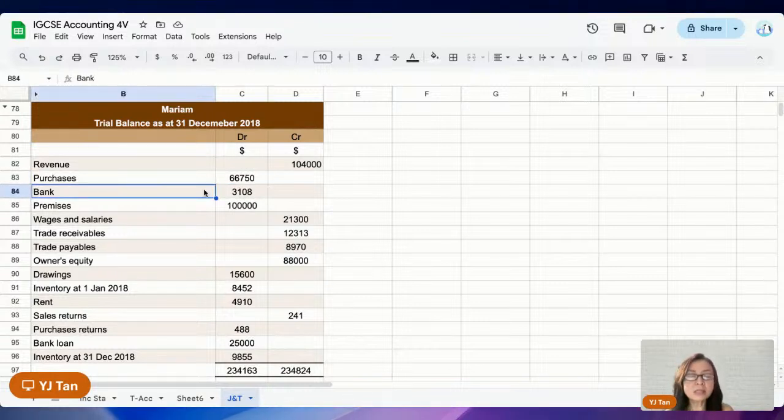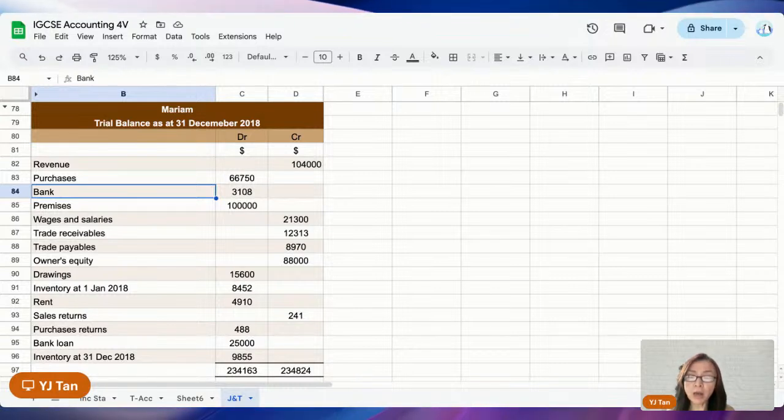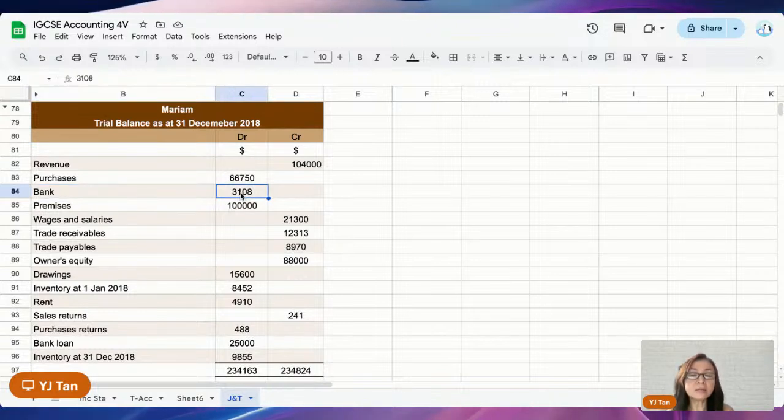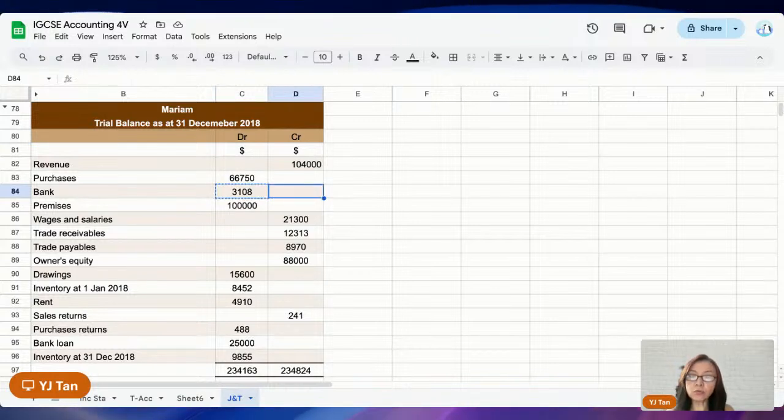But now, just now in the statement, remember, it says that there is an overdraft. But in this trial balance that someone prepared earlier, it says that it's a debit. So this is not right. We have to make it right. So we have to move this value to an overdraft, which is on the credit side.